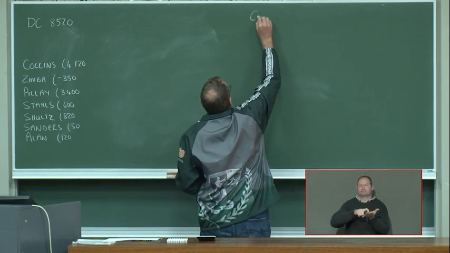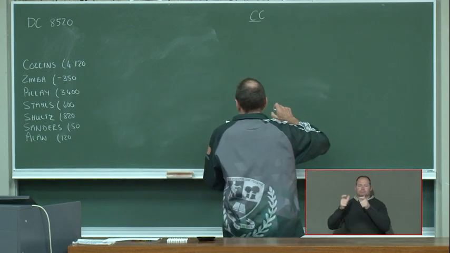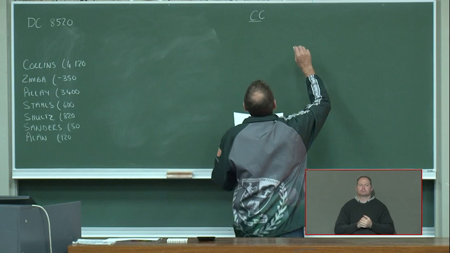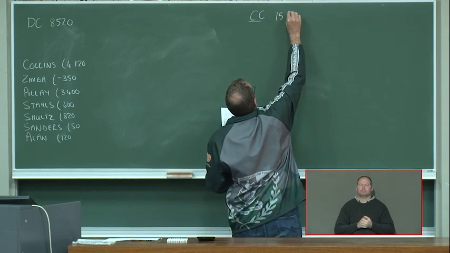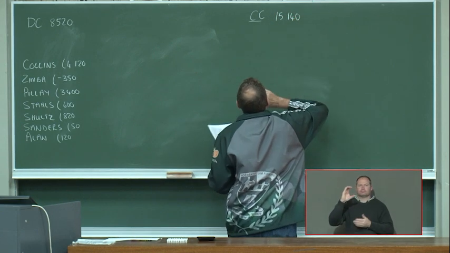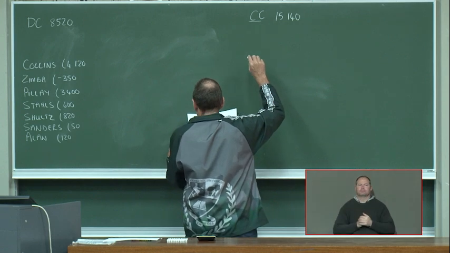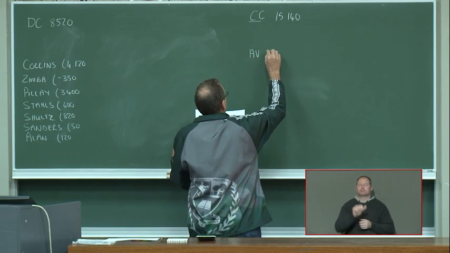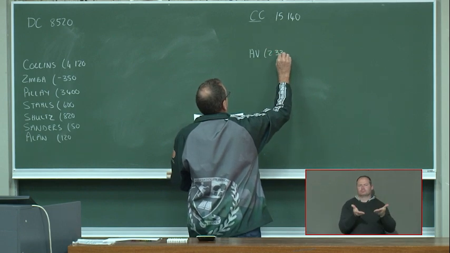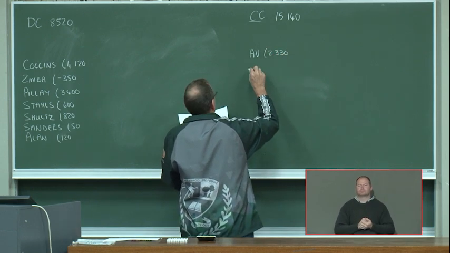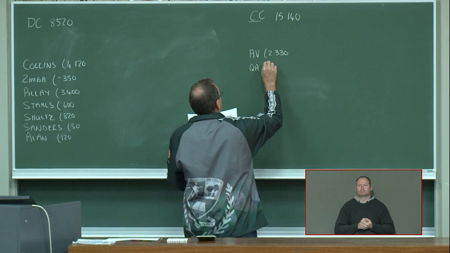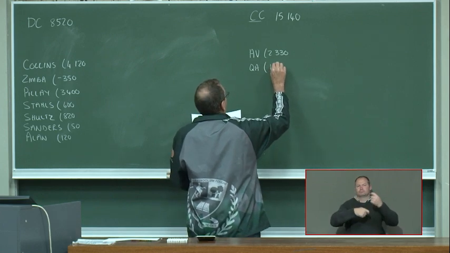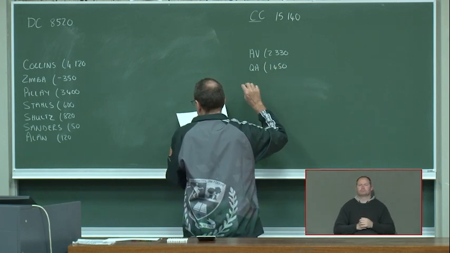Then our creditors control, the balance of our creditors control was 15,140, and our creditors are AV Supplies, 2330. We have QA Wholesalers, 1450.